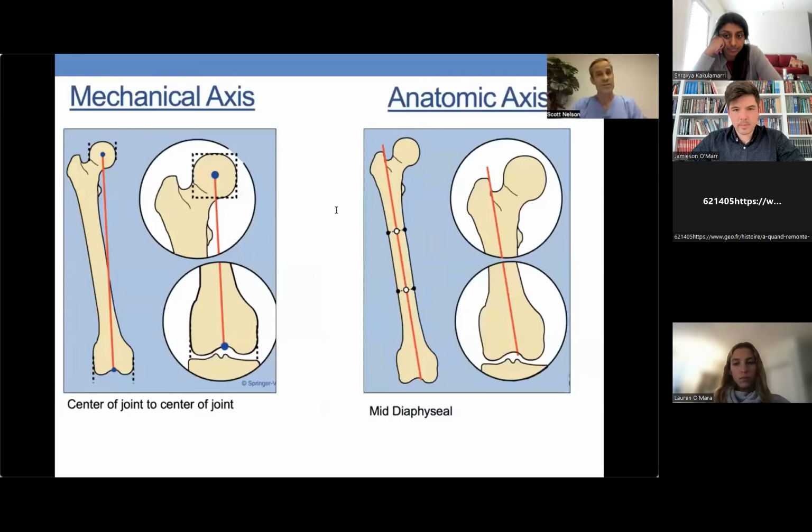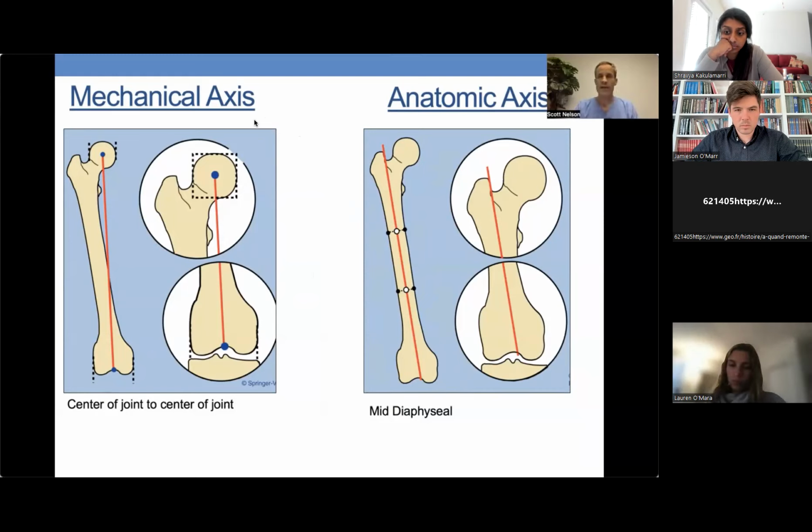Before I introduce you to step 2, we need to take a pause and talk about the difference of mechanical axis and anatomic axis. In a way, these are two different languages, just like French and Creole. Some words are the same, some words are different. The mechanical axis in the femur is different than the anatomic axis in the femur, but in the tibia, they're more or less synonymous.